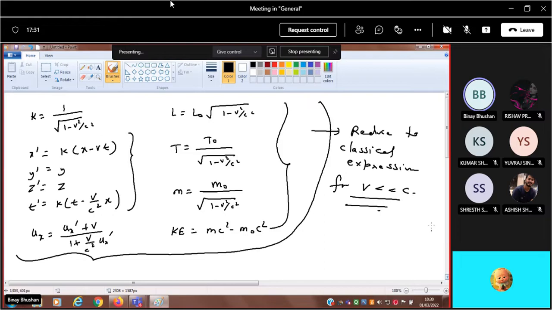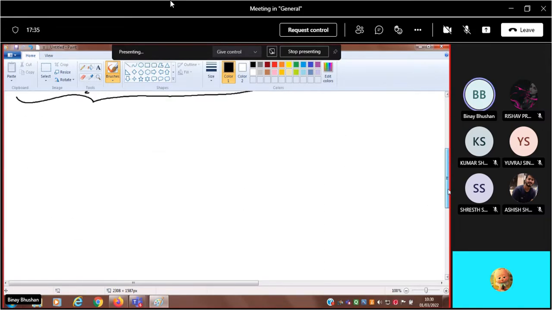Right. Now, a peculiar situation arises when the speed of a particle becomes equal to c. If this is the case, v is equal to c, then what will happen? Just see. For example, the moving length is equal to this. So if v is equal to c, then what will it be? Moving length will be equal to what, Suraj?